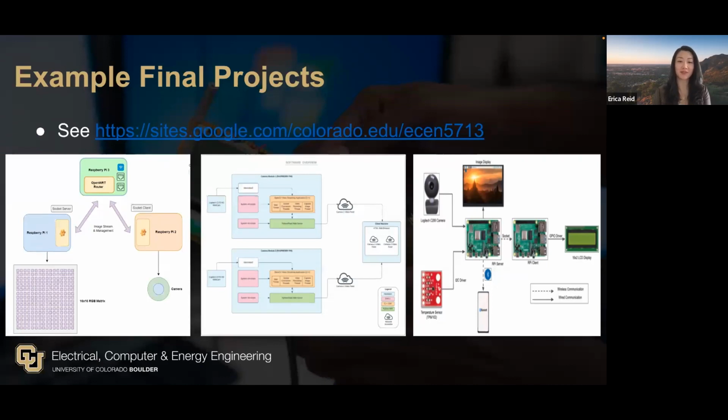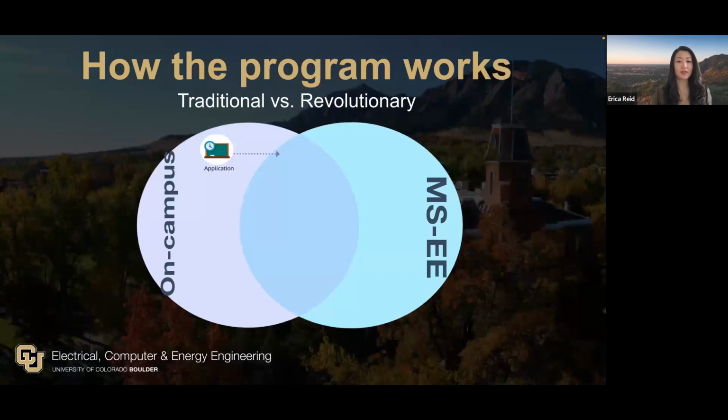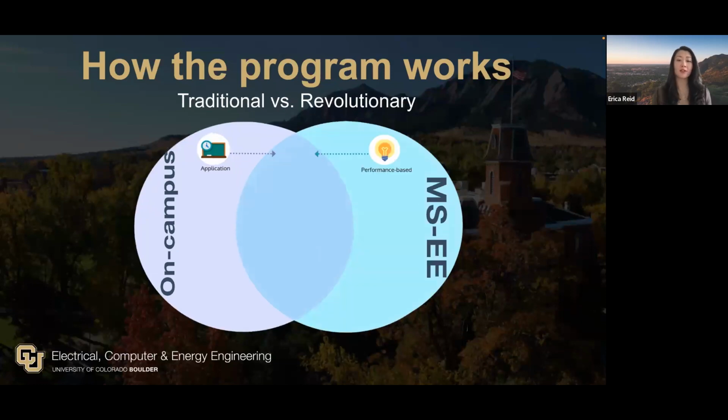That was very insightful. I am going to talk briefly about the MSEE on Coursera program and how it differs from the traditional school system. A traditional on-campus graduate program requires an application process. Our program is performance-based admission, so no application required, which means no GRE scores, no TOEFL, no IELTS, and no letters of recommendation.